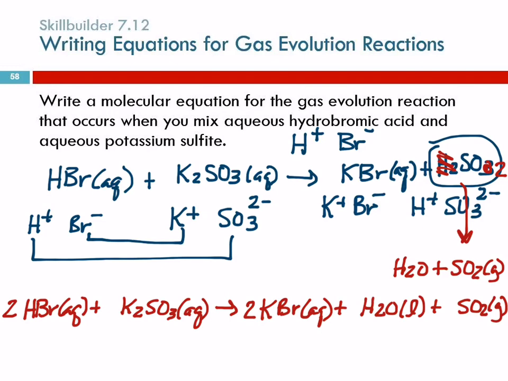So in lab this week, we're going to do a lab where you're going to actually observe some reactions happening and write down their equations. And then we're going to do complete ionic and net ionic equations from them. And then there's also a worksheet.